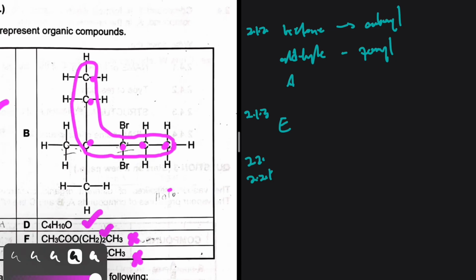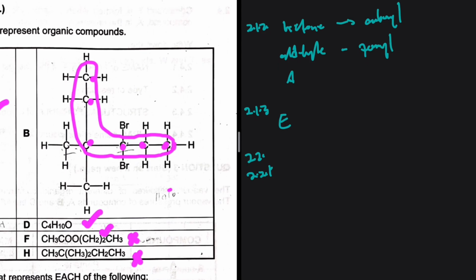So now we need to decide where we are going to start numbering. Do we start numbering from the top, or do we start numbering from the bottom? Let's see what is happening. If we start numbering from the right, we're going to have 2 branches on the third carbon.